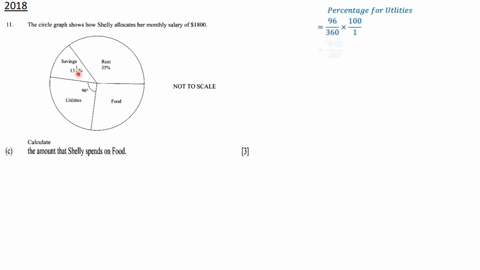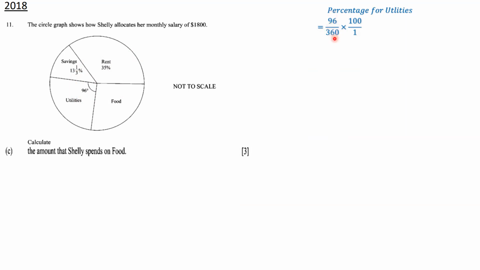Well, we need to find a percentage for utilities. Well, how do we find a percentage for utilities? Well, percentage for utilities is going to be 96 over 360, because angles in a circle add up to 360 degrees. And so this is 96 out of 360.